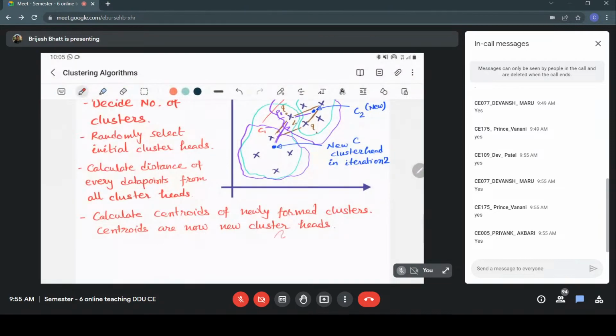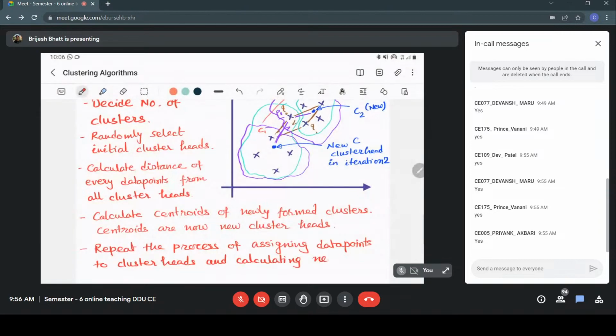Calculate the center of the newly formed clusters. The centers are now the new cluster heads, and repeat the process of assigning data points to the cluster head and calculating new cluster heads.